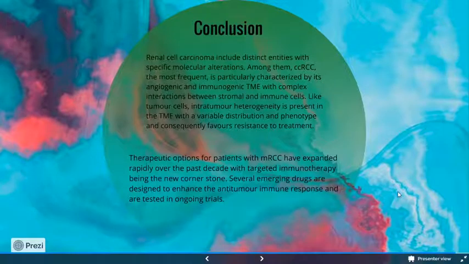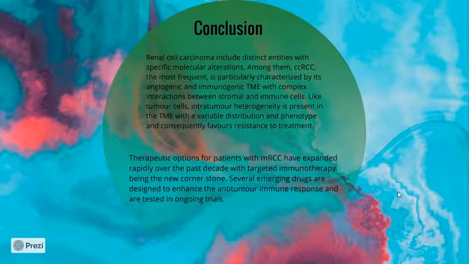In conclusion, renal cell carcinoma includes distinct entities with specific molecular alterations. Among them, ccRCC, the most frequent, is particularly characterized by its angiogenic and immunogenic tumor microenvironment, with complex interaction between stromal and immune cells. Like tumor cells, intratumor heterogeneity is present in the TME with variable distribution and phenotype, and consequently favors resistance to treatment.